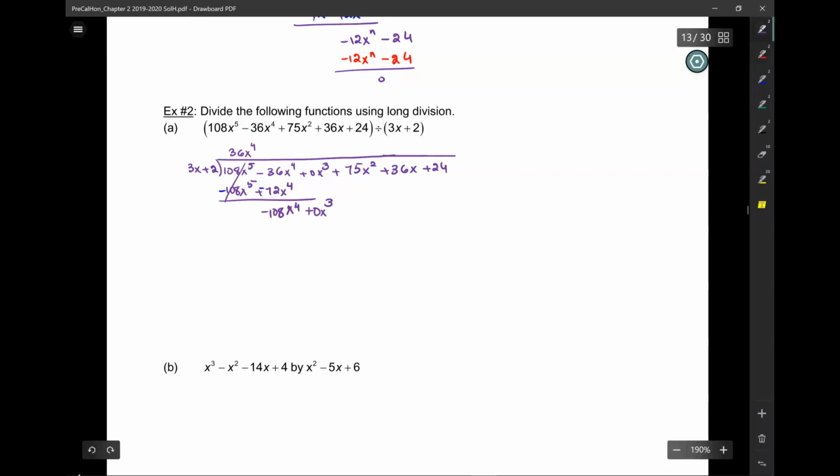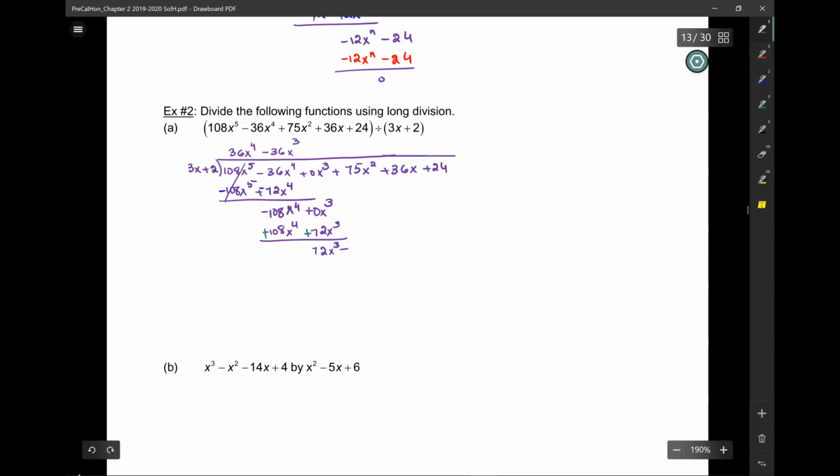So when I divide now, I get negative 36 this time, x cubed. Multiply negative 108x to the 4. Oh my gosh. Minus 72x cubed. Change the signs. 72x cubed. Okay?